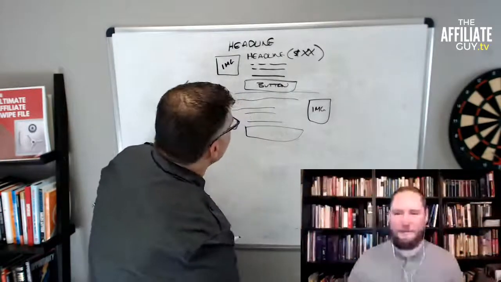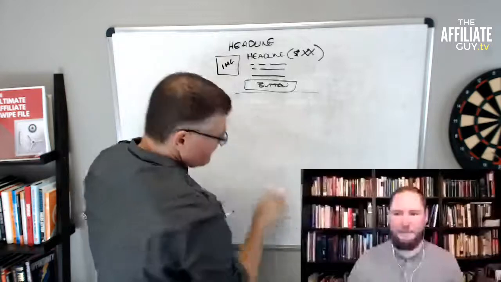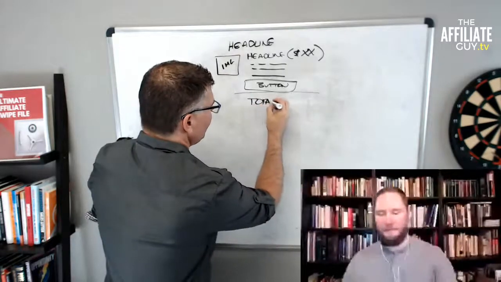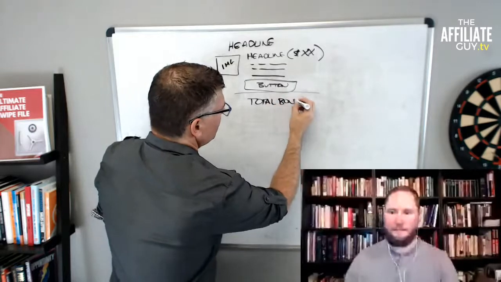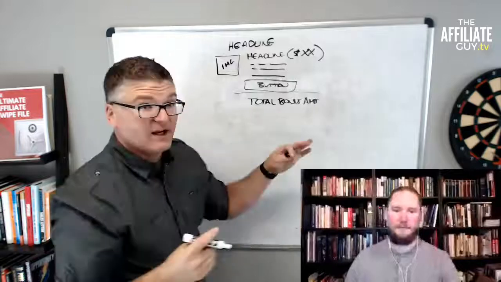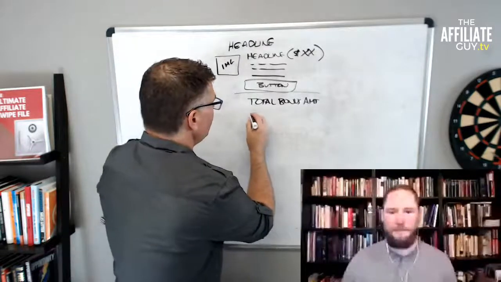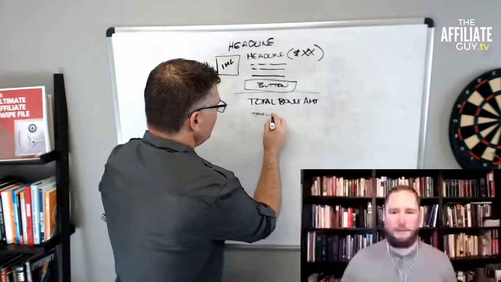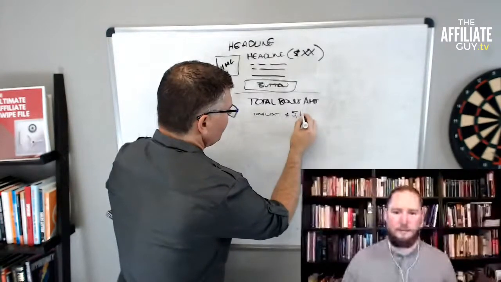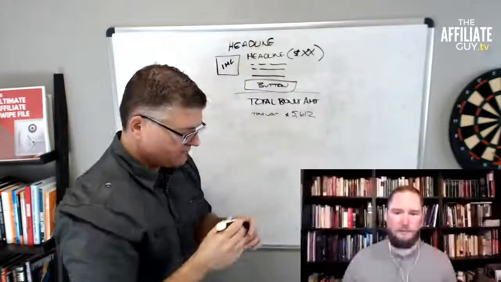Then I'm going to just erase one of those. So at the end of your bonuses, you've got your last bonus here. You want to have a headline that says total bonus amount. That's your headline. And then you want to put something that says total amount. And we'll just say that our total was $5,612, just for argument's sake.